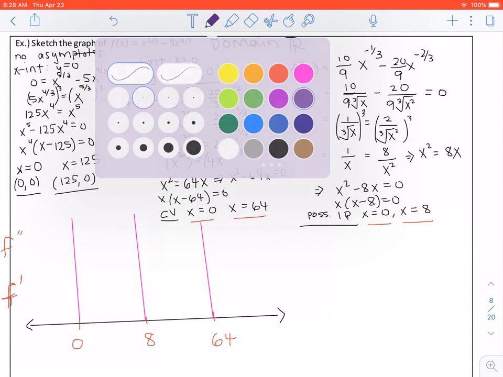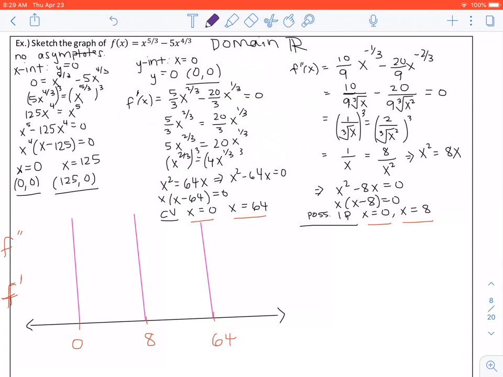And if you want to pick something, again, we talked about the fact that you don't need that actual number, but if it helps you pick something less than 0, say test -1, and substitute that in. Something in between 0 and 8, you can test 1. Something between 8 and 64, test 10. And then something larger than 64, you can test 100. It doesn't matter, it's whatever you guys want to do.